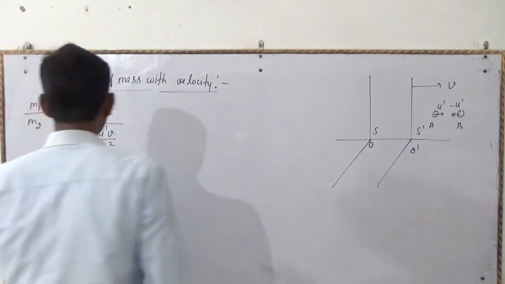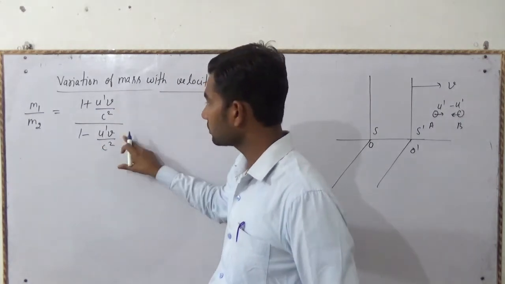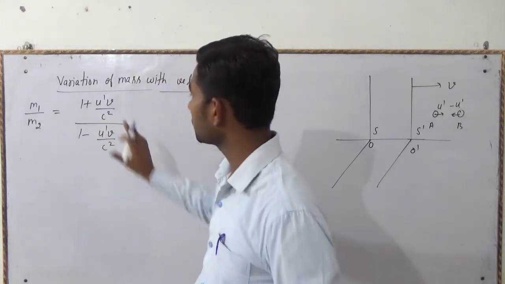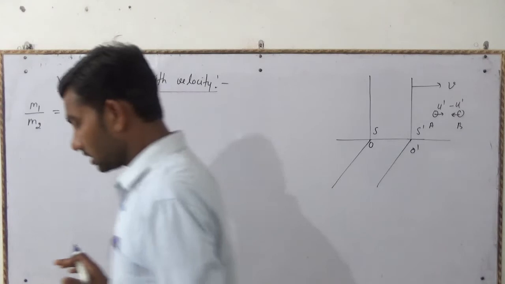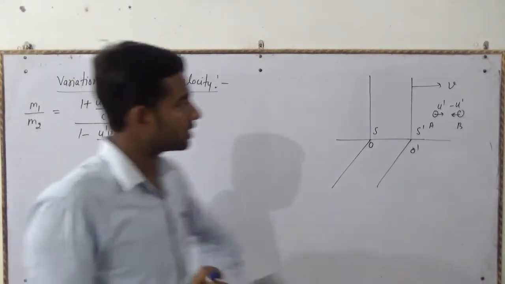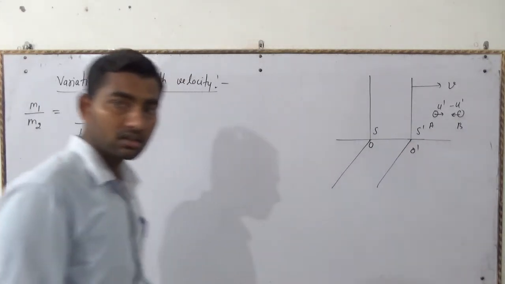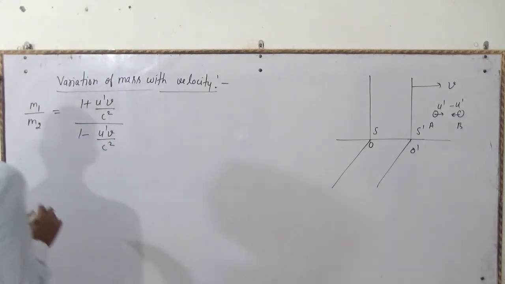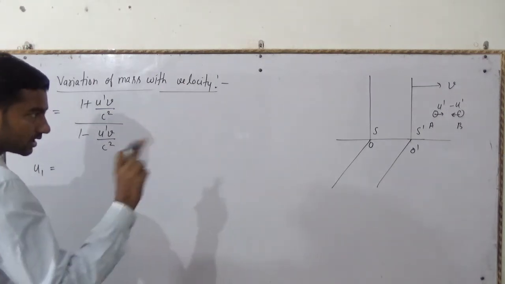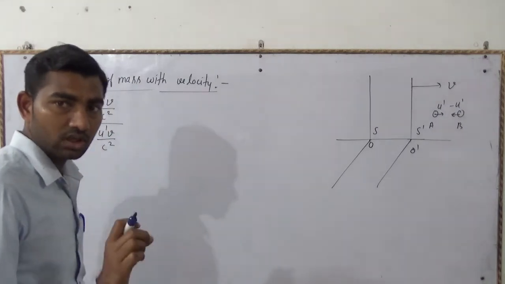Friends, now we want to find out the values of 1 plus u dash v by c square and 1 minus u dash v by c square. How can we find the value of 1 plus u dash v by c square? If you see the velocity of the first particle A with respect to frame S, we assumed in the previous lecture that it was u1.